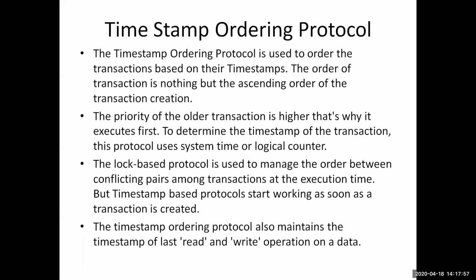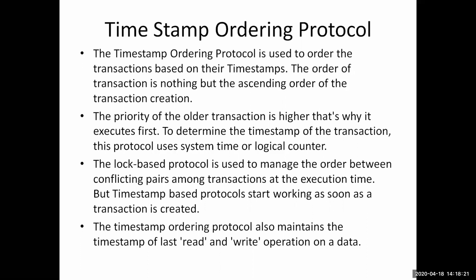To determine the timestamp of the transaction, this protocol uses a system time or a logical counter. Now, in case of logical counter, counter is set when first transaction enters into the system and it is incremented by 1 for the next entry of each transaction.